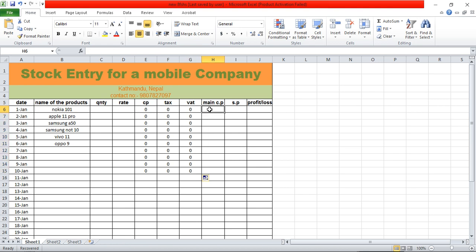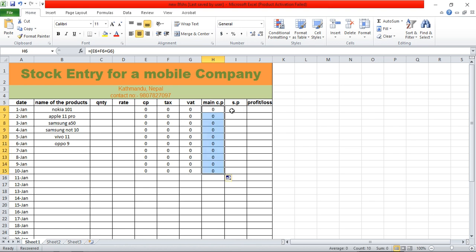For the main cost price, there will be equals, and in brackets we will write the cost price plus the tax plus the VAT. Why is it plus? Because while purchasing the products, you have to give these amounts to the government. That's why these are in addition to your amount. Press enter, you will see there is 0.